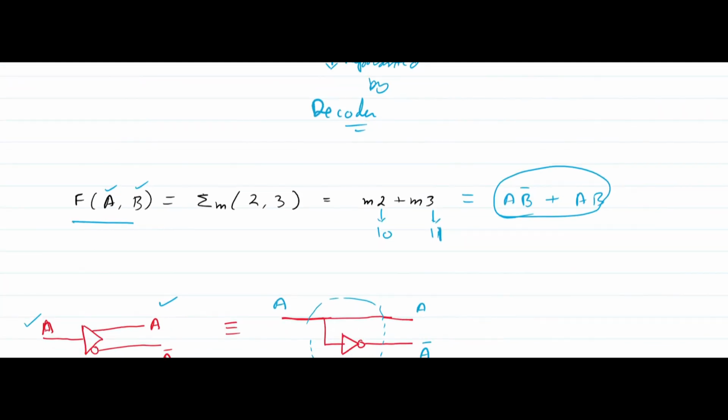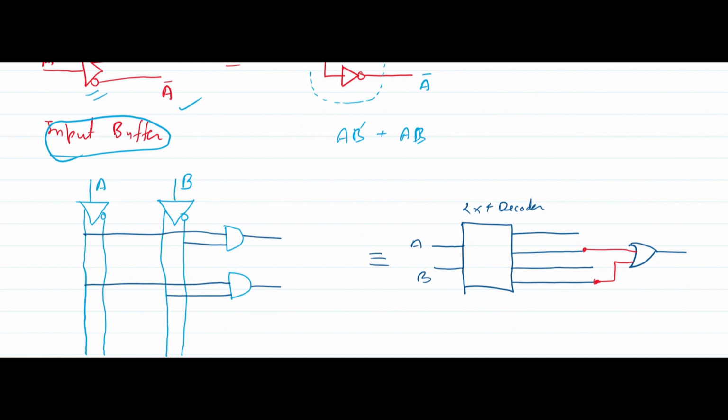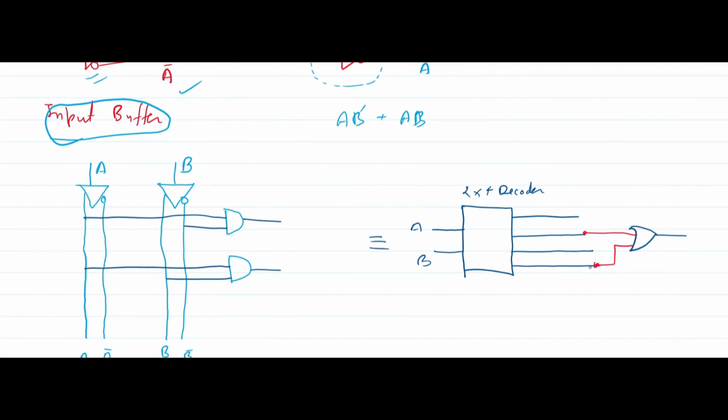Wait, it is AB dash. Yes, M2 is AB dash, right? M2 plus M3. This was wrong, let me remove it. I will connect that later. So AB dash plus AB, M2 plus M3.